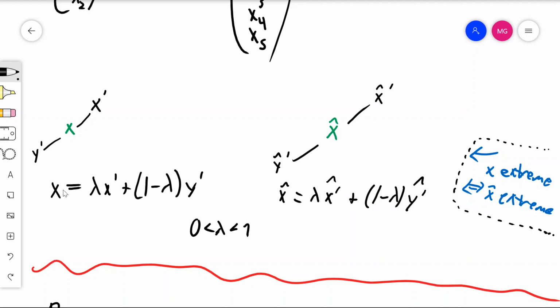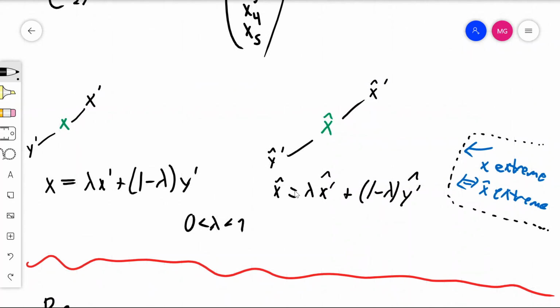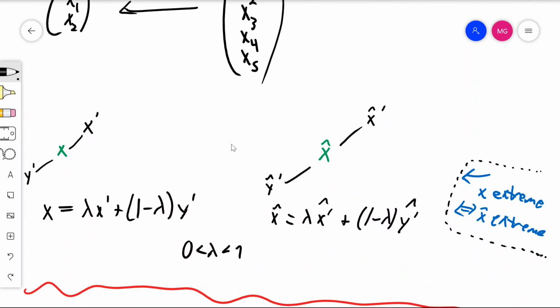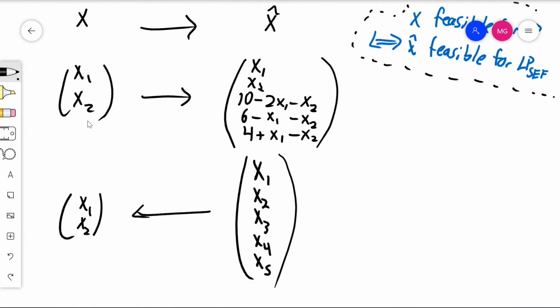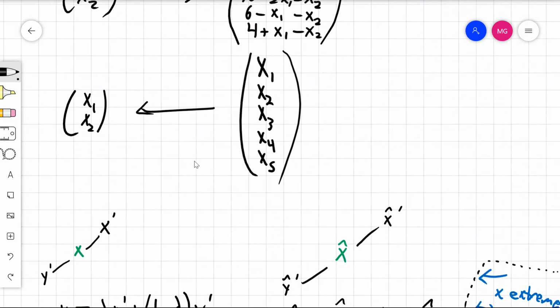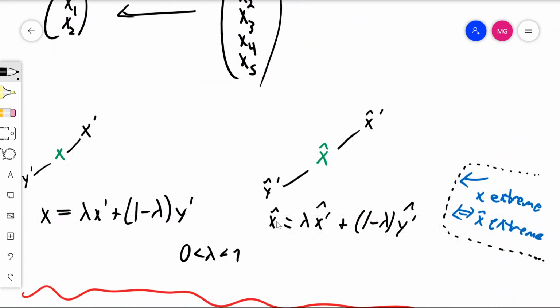And you can verify that algebraically just by using, by definition, what it means to not be extreme. That means that x can be written as strictly lying in between the line segment of x prime and y prime, and correspondingly, if you look at the map, what is lambda x prime plus 1 minus lambda y prime, use the map that we just established, and you'll see that x hat is strictly between x prime hat and y prime hat, and then vice versa.